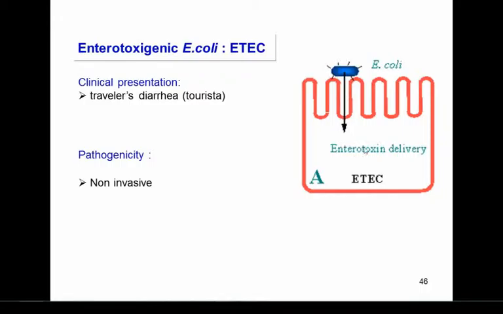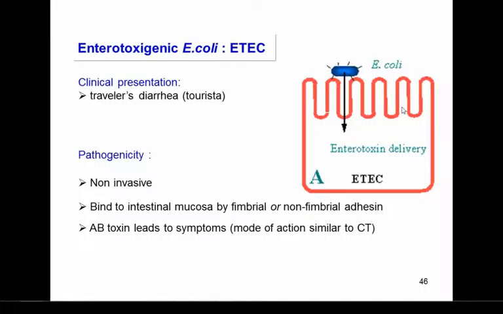It's transported into the enterocytes. It will cause secretion of chloride and watery diarrhea. So you have a non-invasive infection, and the symptoms are provoked by an AB type toxin. So, two types of virulence factor, one for adhesion and one coding for the exotoxin. Very simple. And they're on plasmids.